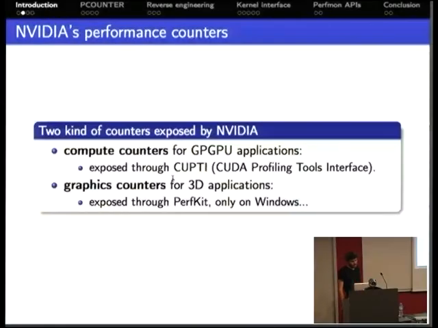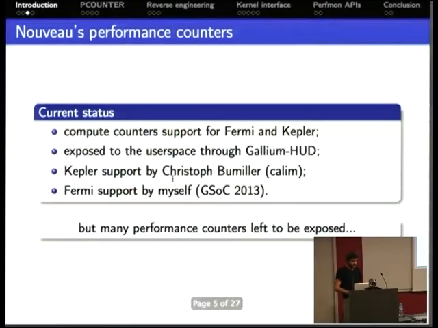So NVIDIA exposes 2 kinds of counters: compute counters for GPU applications, which are exposed by CUPTI, the CUDA Profiling Tools Interface, and graphics counters for 3D applications, which are exposed by PerfKit, but only on Windows. What about Nouveau?